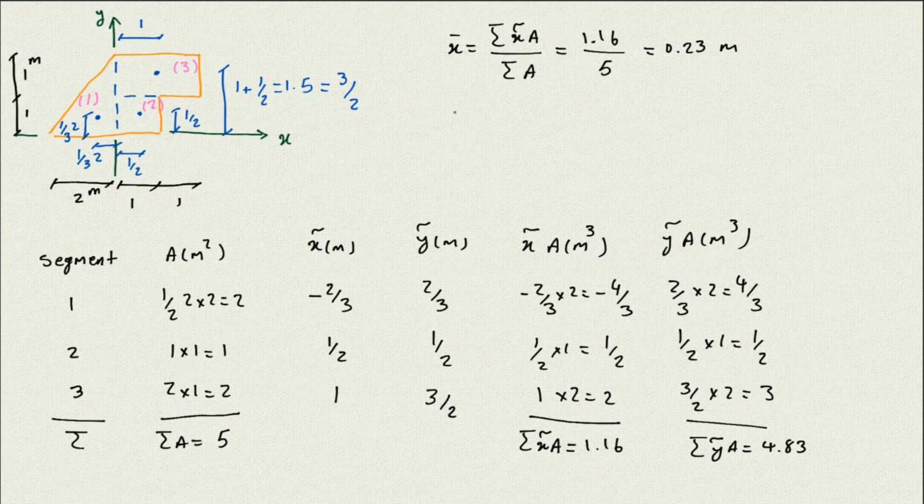And the same for the y direction: sigma over sigma area. We have the value here, 4.83, and the area is the same, 5, so it's going to be 0.96 meter. So this is how we do the calculation if we have a composite body.